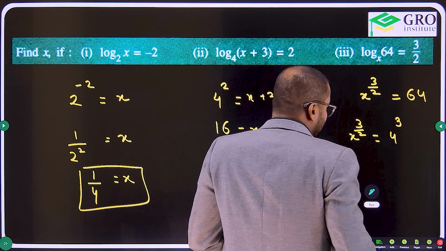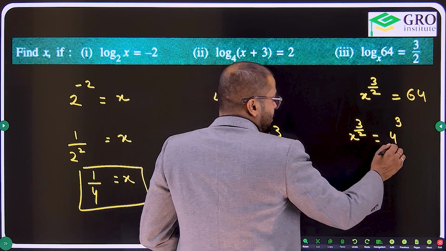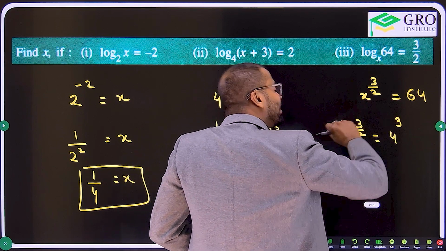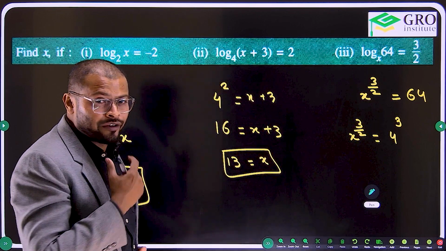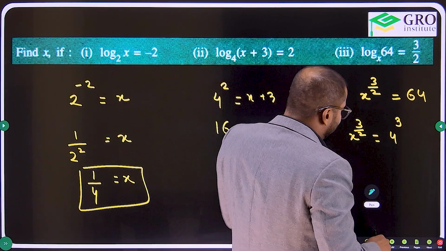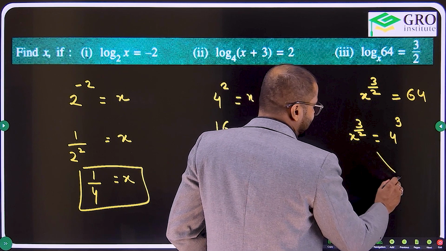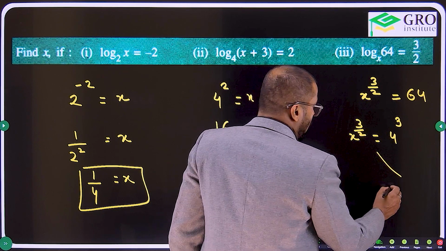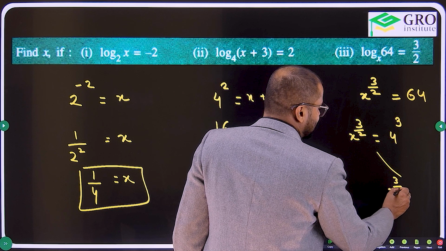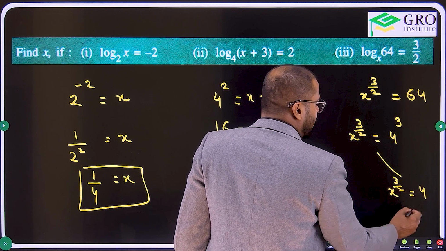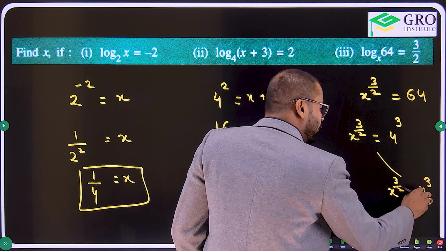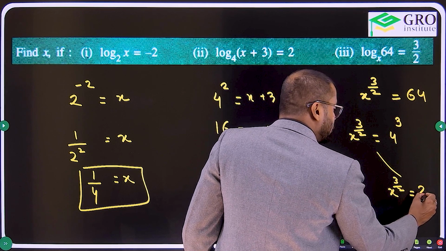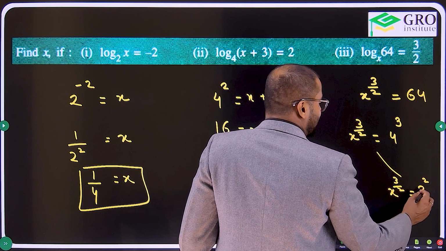But still, for making them equal, we need to make their power equal. To find out the value of x, we need to make their power equal. One way of solving this is that 4 to the power 3, and 4 can be written as 2 square. Yes or no?